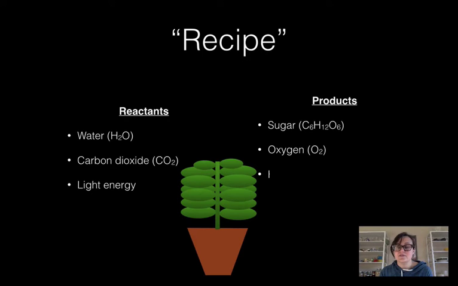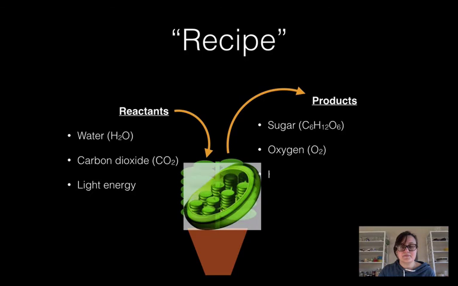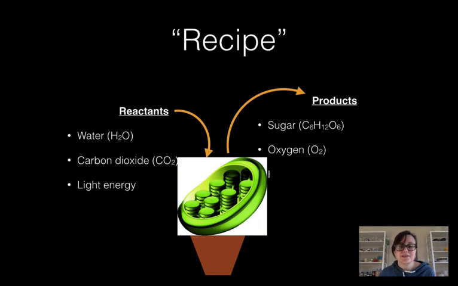And in this case, for photosynthesis, it's sugar, specifically glucose, and oxygen. So the reactants are going in, the process takes place, and the products are produced and released. And remember that this doesn't just happen in the whole plant, it's happening in individual plant cells in the chloroplast.